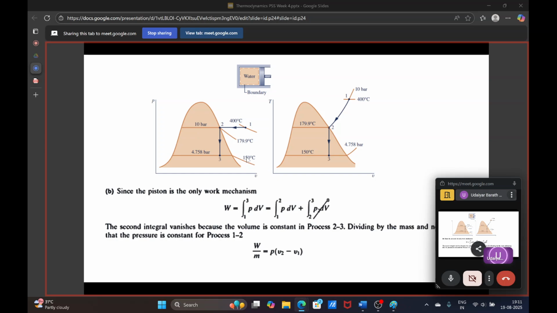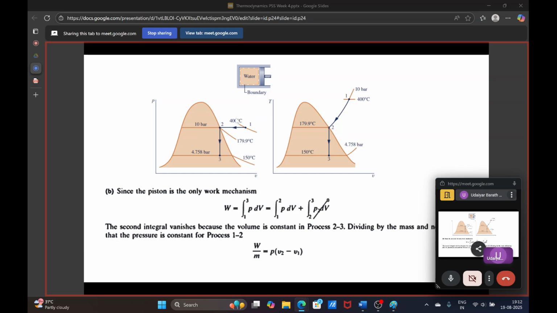Corresponding to 10 bar, your saturation temperature is 179.9, and corresponding to 150 degrees Celsius, saturation pressure is 4.758 bar. And this is how it will look in the T-v diagram. From 400 degrees Celsius, you are coming to state 2 and then cooling it to 150 degrees Celsius.